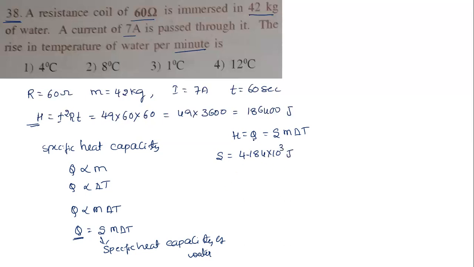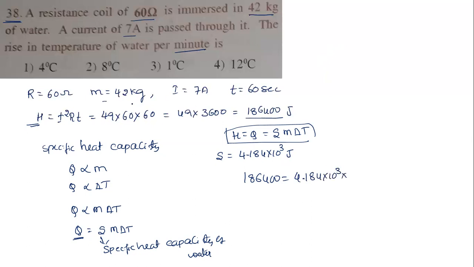Now use this equation here. We're going to find it now. So we use the heat energy Q generated, 186400, is equal to S, which is 4.184 into 10 power 3, multiplied by mass.